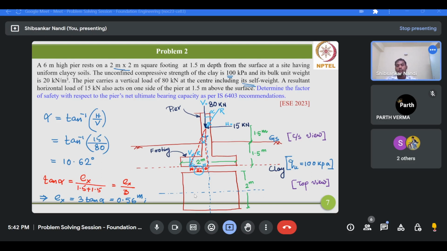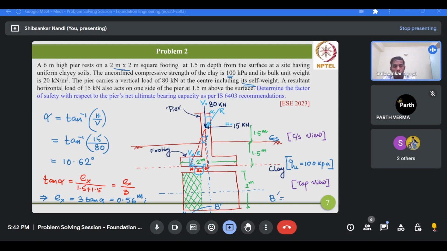So this would be the useful width, this dimension, B prime. You know how to calculate this B prime value.